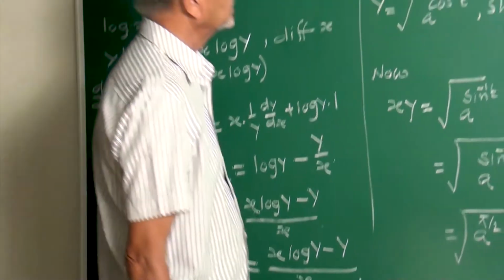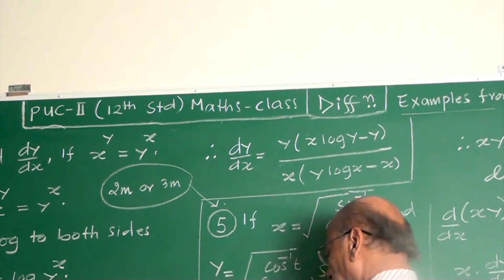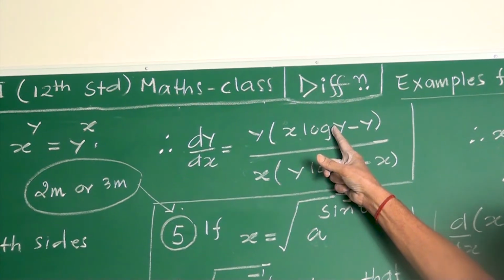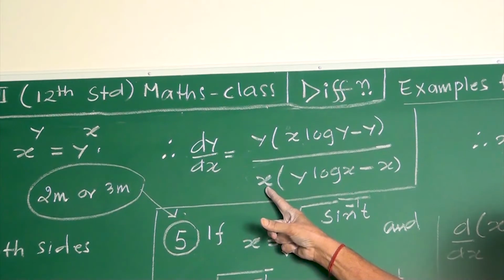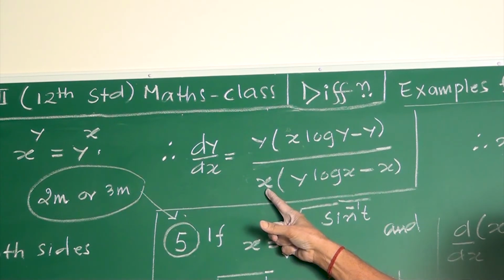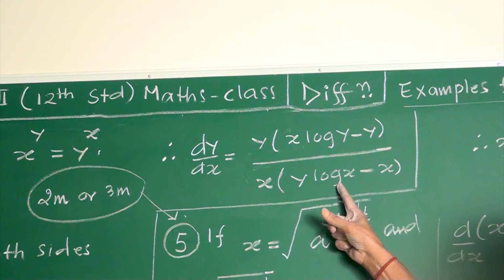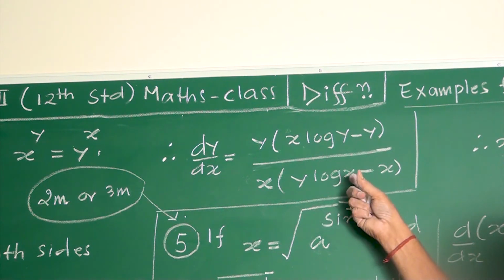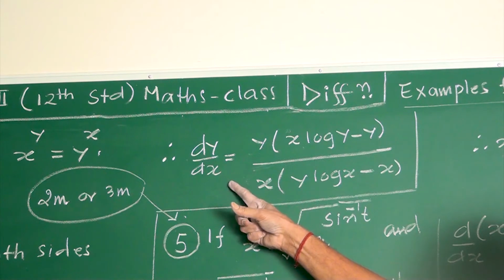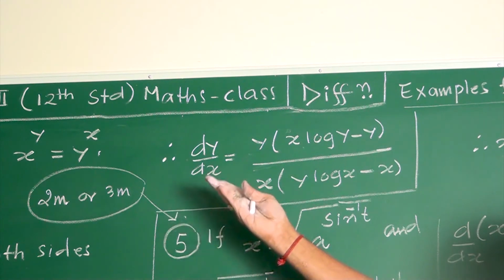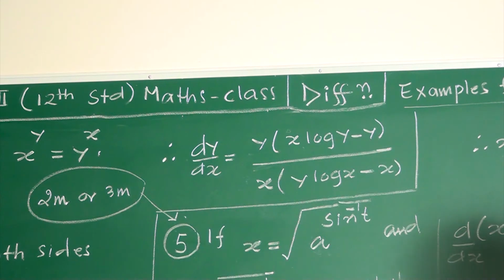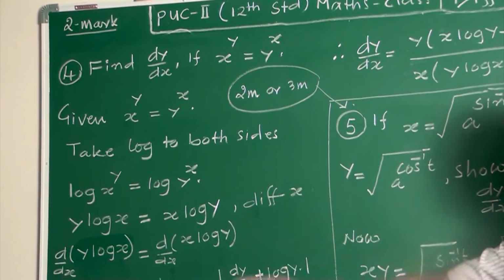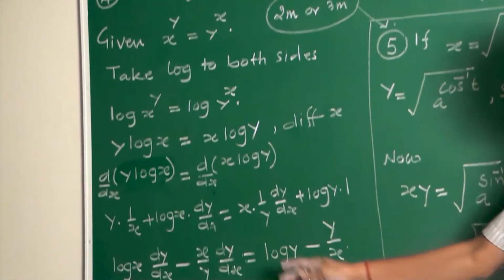Therefore dy by dx equals y into the numerator of RHS upon x into the numerator of LHS, that is y log x minus x. This is the required dy by dx. It is 50-50, it may come under 2 marks or otherwise a 3 mark question, with one or two more steps. This side is the same, the product formula only, log y instead of log x, it is a product formula there.